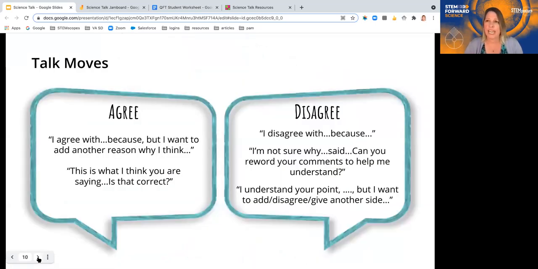One way that we can help our students with that is providing them with sentence stems specifically about how they would respond to something that they have heard. In this case, we have some that deal with something that you were in agreement with, or perhaps something that you disagreed with. These sentence stems are among a collection of resources that we will be sharing at the end of the session.